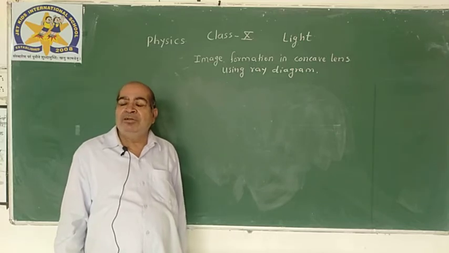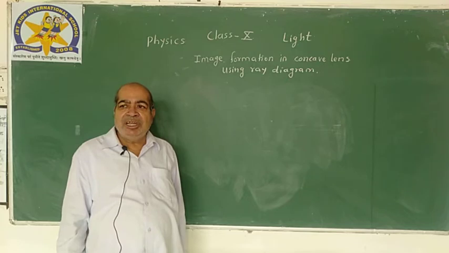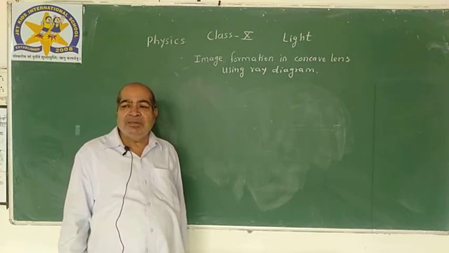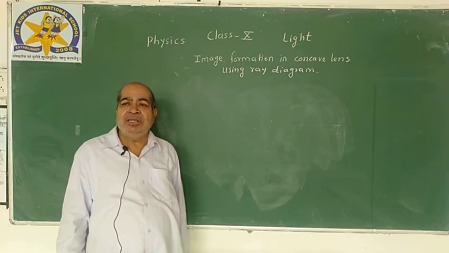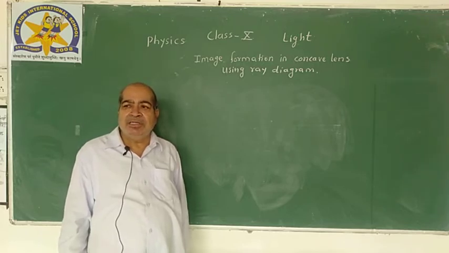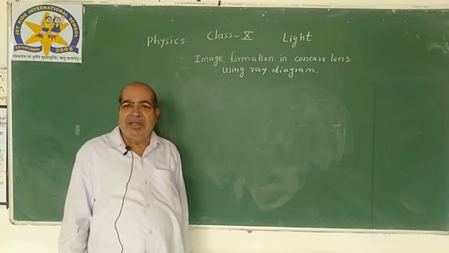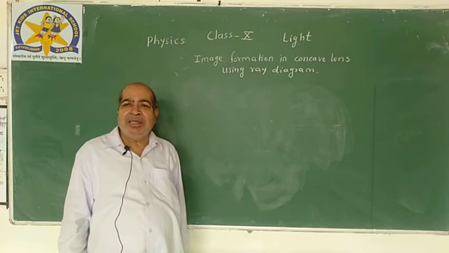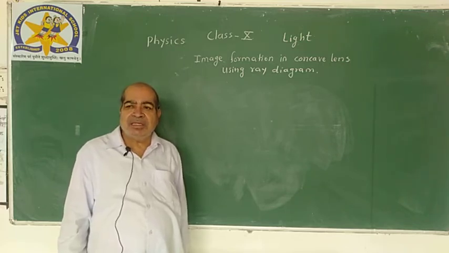The second rule is, when a ray of light meeting towards the principal focus, or directed towards the principal focus, is incident on the lens, after refraction, the ray of light emerges parallel to the principal axis.